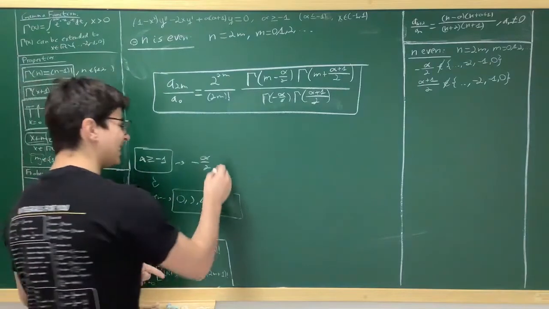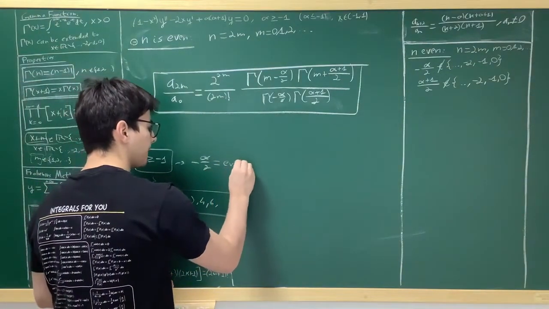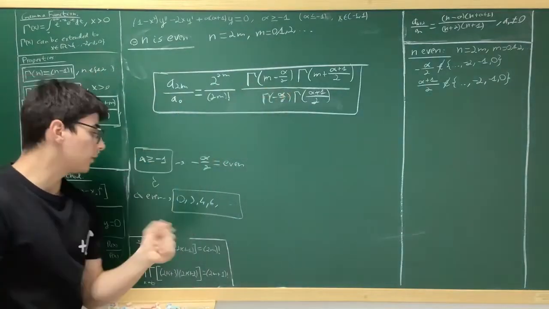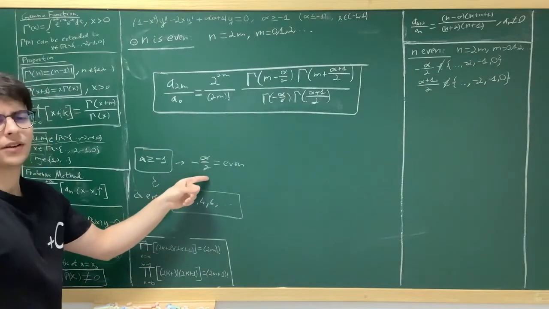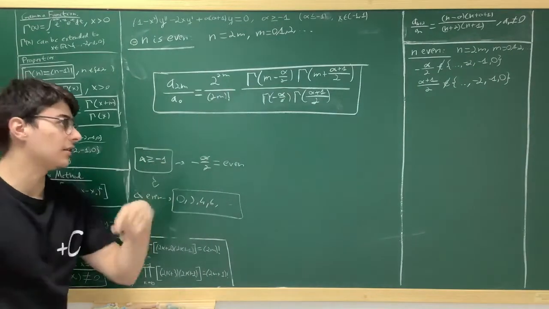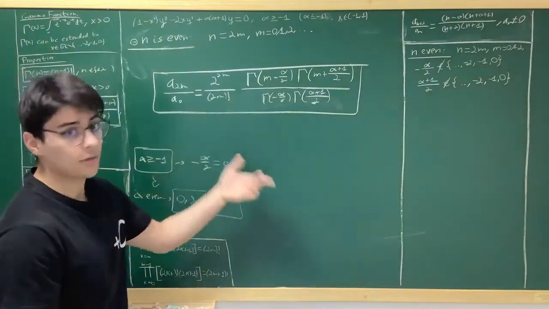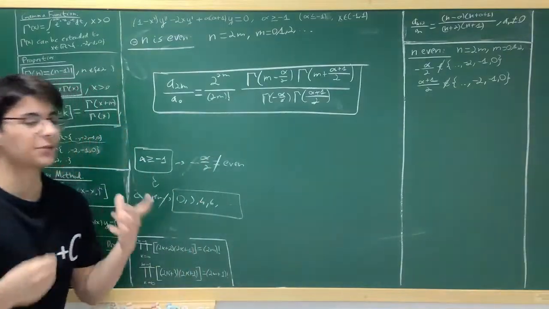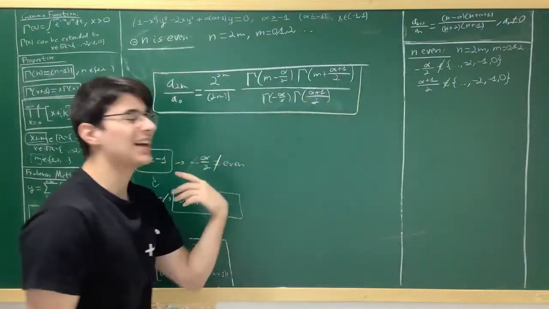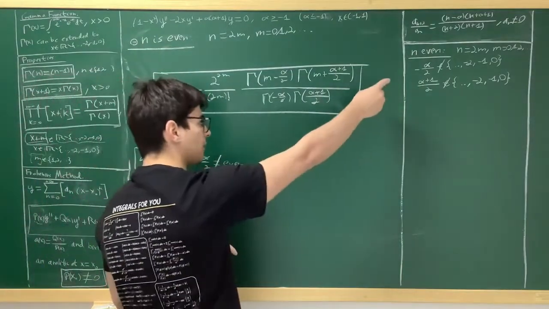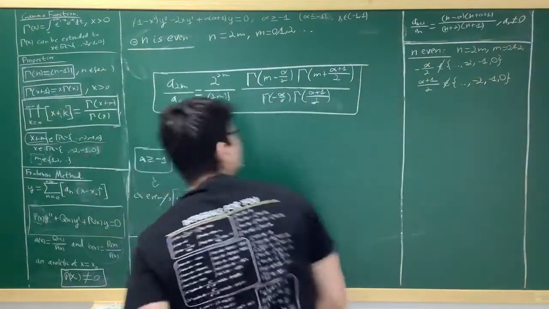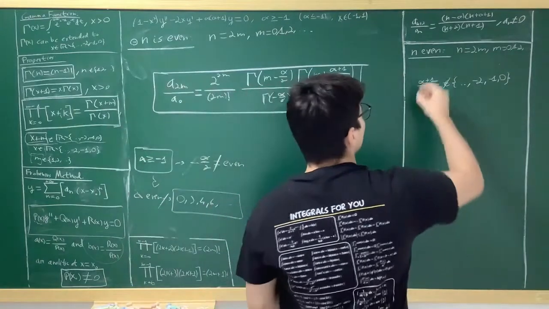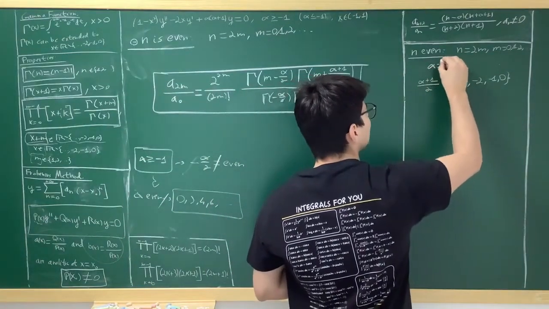But if this holds, then this would be even, right? Because we'll have 0, which is even, and we don't want 0 there, as we said. 2 over 2 is just 1, -1, another even number. 4, -2, another even number, so we don't want that. So really, sorry, not this. This is what we want. This relation right here just means that alpha is not even. So instead of that, we will write the following, which is much easier to understand. We say that alpha is not even.